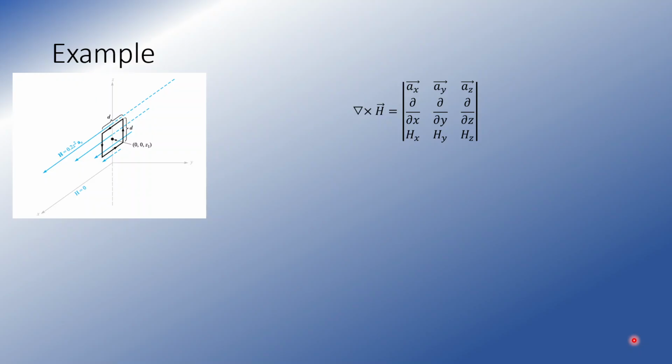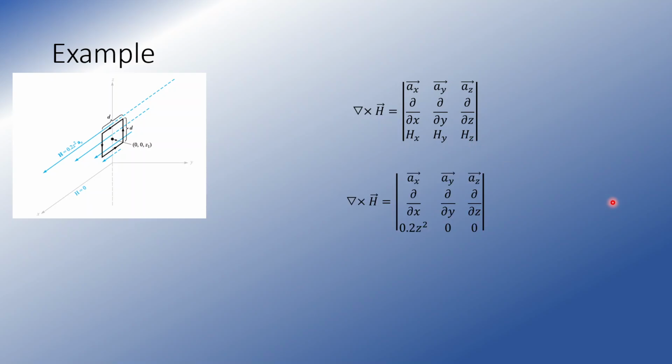Del cross H is given by this particular determinant. Let us substitute the known values here. H is given as 0.2 z square in the ax direction, which becomes the Hx component. Hx component is 0.2 z square, Hy component is 0, Hz component is also 0. So the determinant is like this.